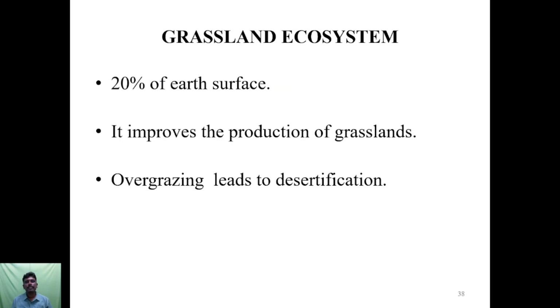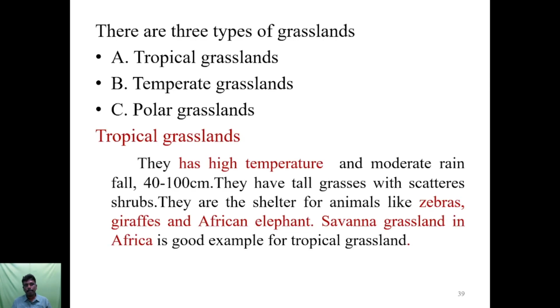Then about grassland ecosystem, it covers 20% of Earth's surface. It improves the protection of grasslands. Overgrazing leads to desertification. Grasslands are classified into three types: tropical grasslands, temperate grasslands, polar grasslands.